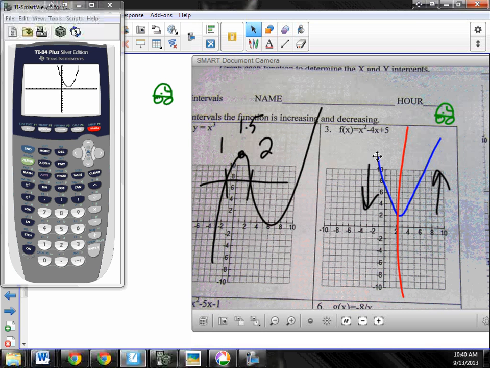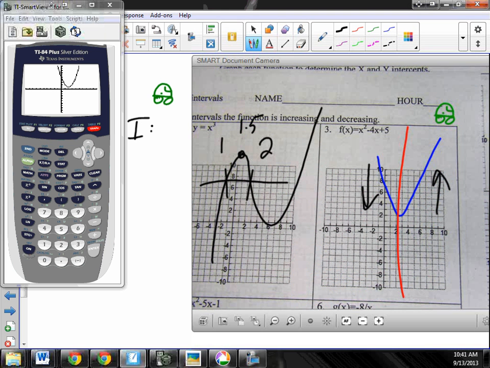What is my interval of increase? On number 3, yeah. Not 3, 2. It's going up from 2 to infinity, because it hits the bottom of that canyon at 2.